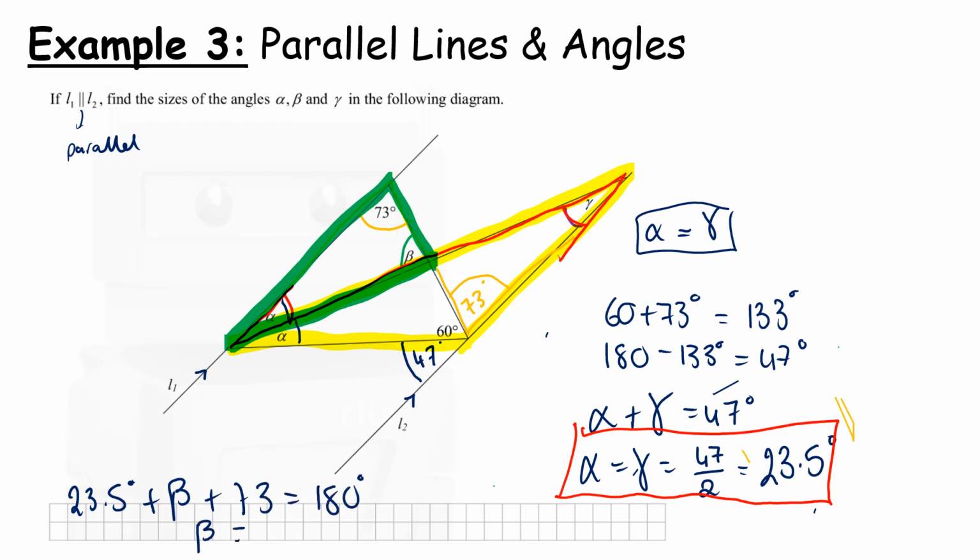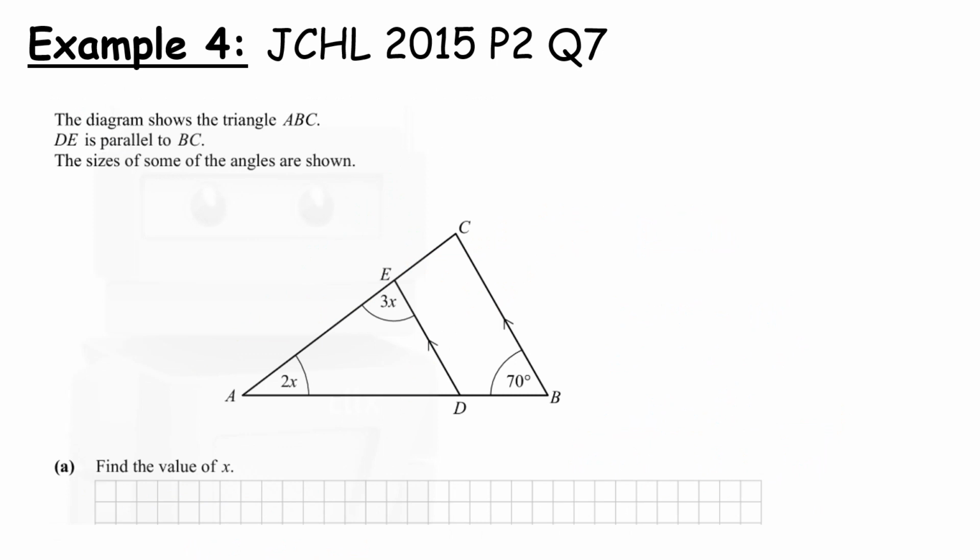Working through that, we get beta equals 83.5 degrees. So we use a lot of our properties of angles here. We looked a little bit about triangles, and we'll see that in a lot more detail in the next video.